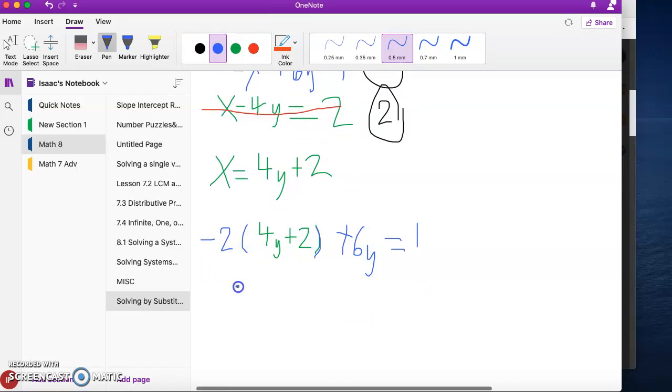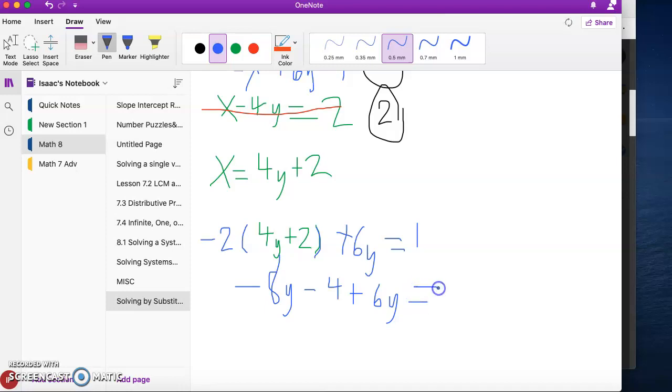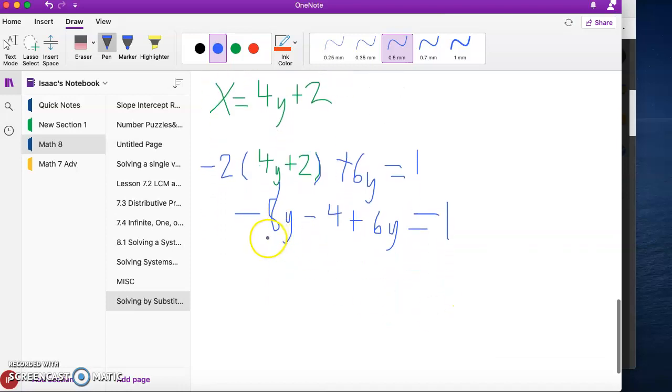Alright, so that gives me negative 8y minus 4 plus 6y equals 1. I can combine like terms here to say negative 8y plus 6y is negative 2y. Minus 4 equals 1.